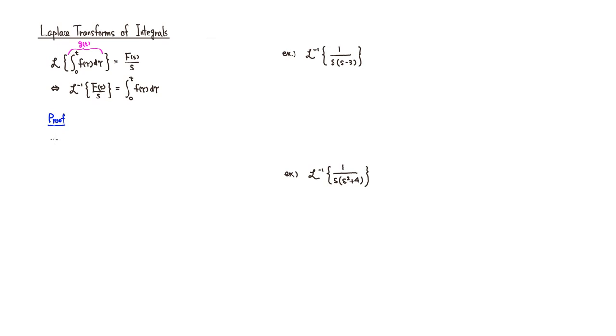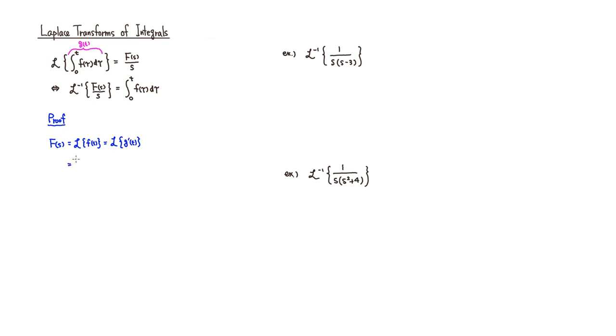So if you want to find capital F of s, which is the Laplace transform of f of t, but f of t is really the same thing as g prime of t, the derivative of g of t, and we know how to take the Laplace transform of a derivative.